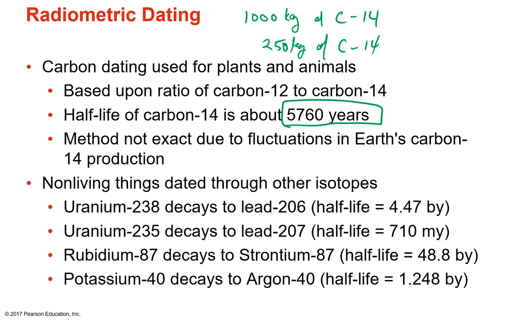We can measure that and calculate based on that. If we assume that the ratio has always been the same, then we measure how much carbon-12 and how much carbon-14 there is. We say the ratio has dropped by a factor of 4, so it's gone through 2 half-lives. But once again, who's to say that that ratio hasn't changed? In fact, we know it does change.